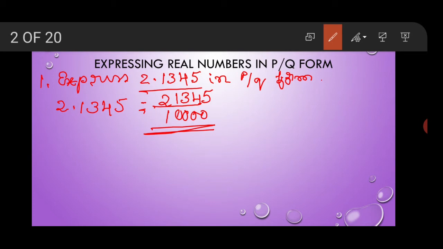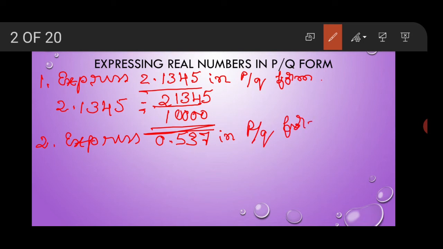Yes. Next, one more example. Express 0.537 in p by q form. Can you simplify? Yes. Again, without the decimal point, read the number and write it in the numerator.